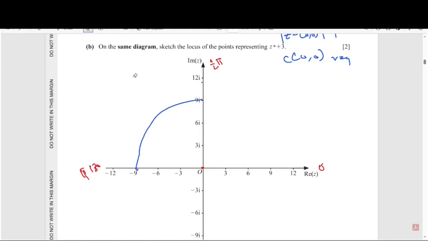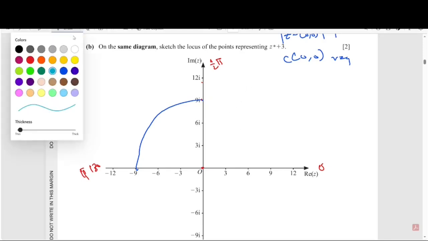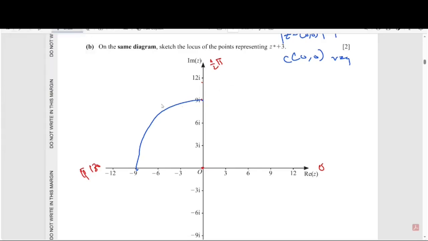Now B says that on the same diagram, sketch the locus of the point representing z star plus 3. Remember, z star means the conjugate of z. But before that, let's do a short exercise here. Let's write one complex number that can be plotted here. Let's say my z is equal to 3 plus 3i.